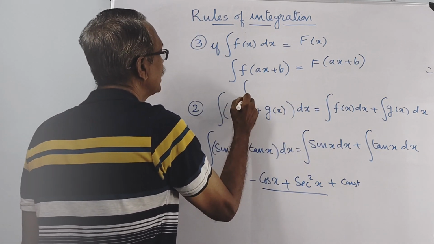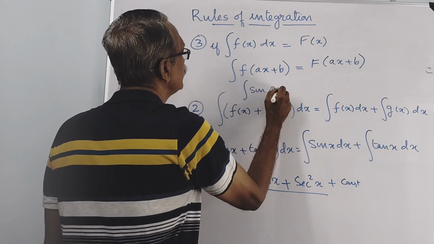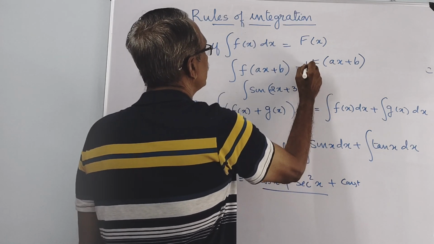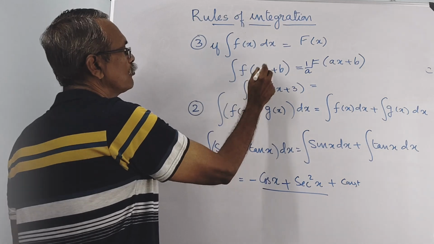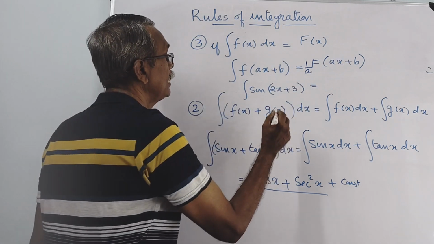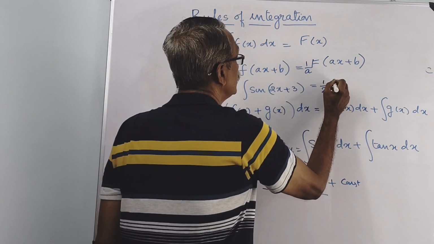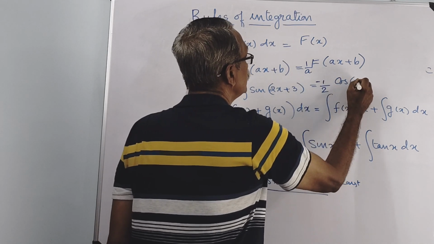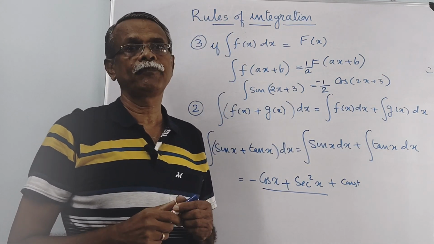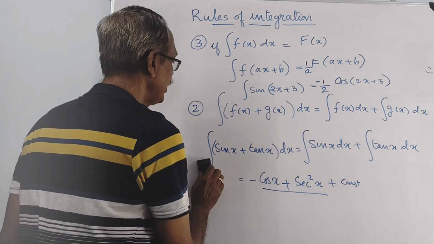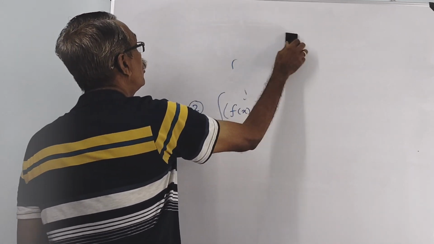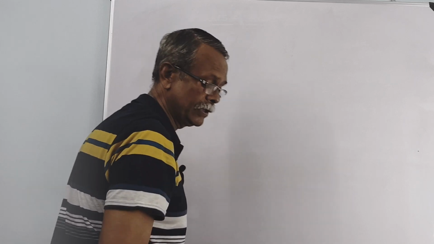For example, integral sin 2x plus 3 dx will be equal to 1 by 2 times minus cos 2x plus 3. This is how integration will be done. And all these integrals which we have seen are indefinite integrals, because we cannot fix the value, as the value of the constant is unknown.